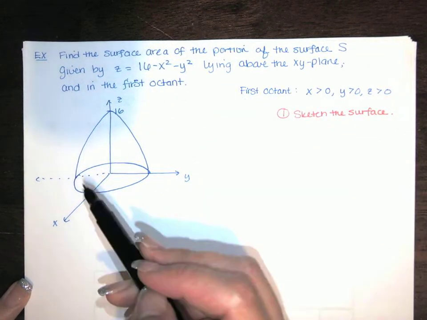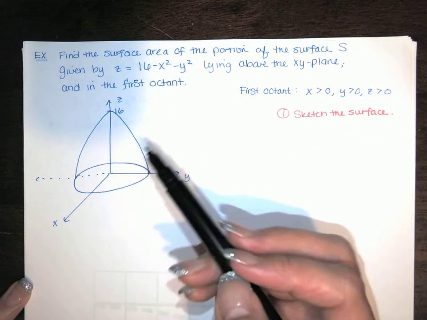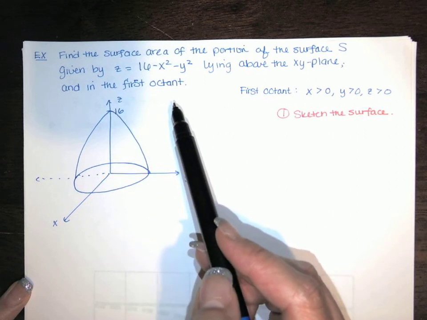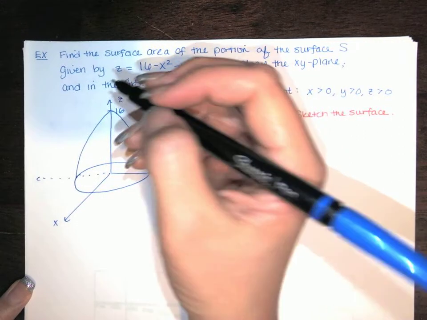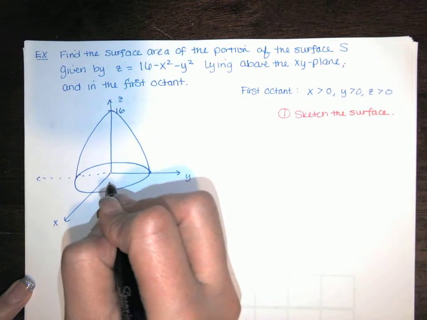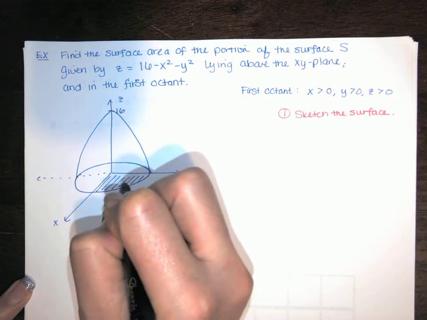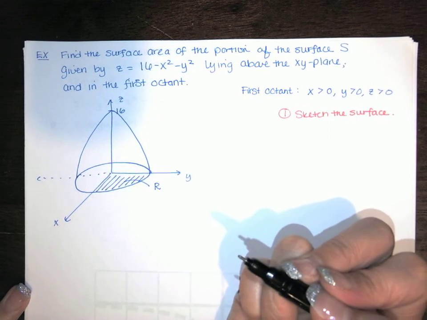Now, we don't want the surface area of this entire surface. We just want the surface area of the part that lies in the first octant. Now, the first octant is this part over here. So the region R that we're integrating over is that region.